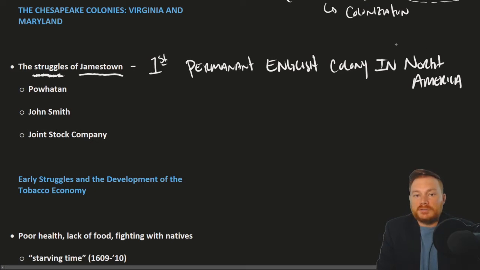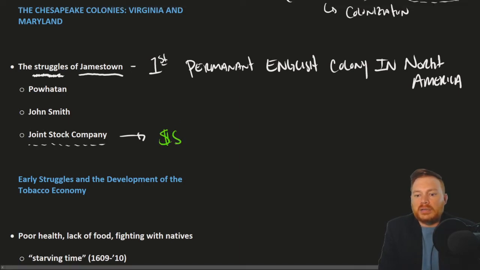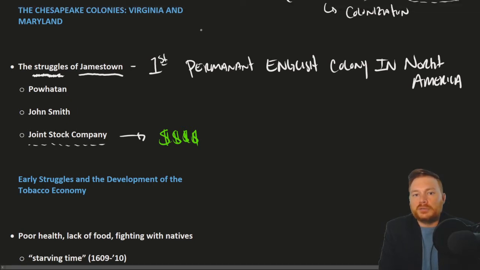Now, the struggles of Jamestown were a number of them. Recall that Jamestown was founded by a joint stock company. The purpose of a joint stock company is to make money. We talked about this last chapter. They hoped to find gold and silver, but there was no gold and silver to find. Instead, they ran into a very powerful Native American confederation, the Powhatan.